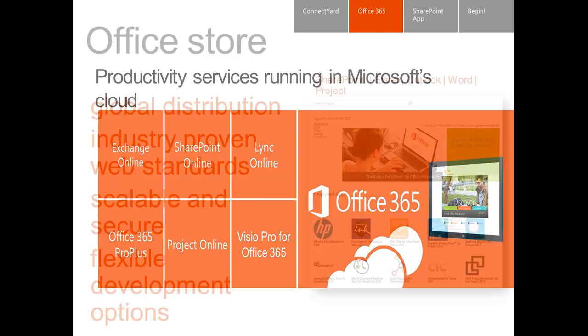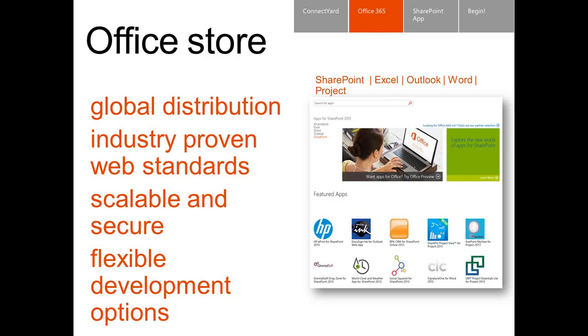What I wanted to spend a second on next, if we can jump to the next slide, is really the Office Store and this app model that we've introduced with the latest Office 365 release that happened back in February. If you think about it, there's an app store for some competitive platforms that we're all familiar with. There's also now an app store for Windows 8. There's also now an Office App Store.